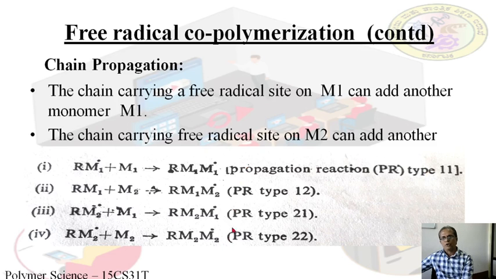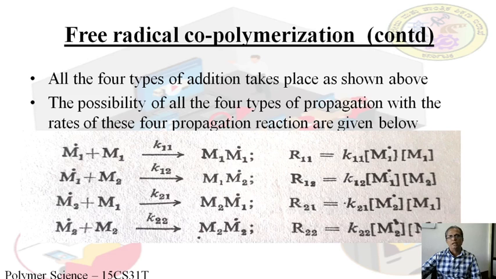So there are four possibilities, as you can see over here: propagation type 1,1, propagation type 1,2, propagation type 2,1 and propagation type 2,2 are simultaneously going to form. So a number of macromolecules are going to grow in this propagation stage. These are the four possibilities. All the four types of addition take place, as we have shown in our previous slide.